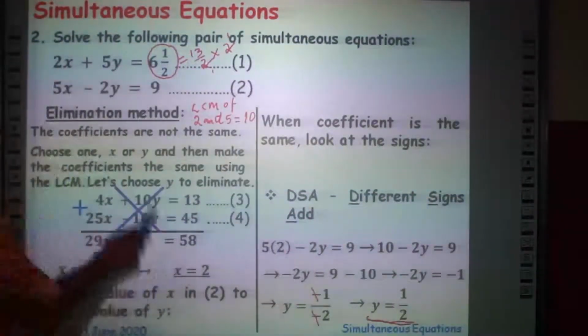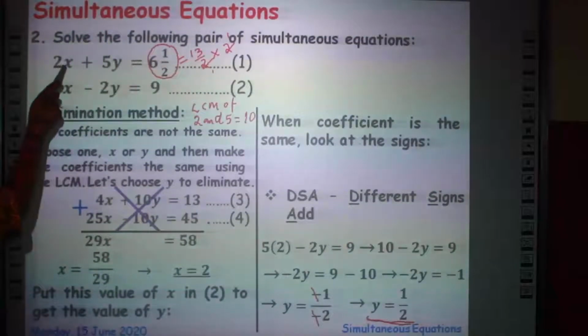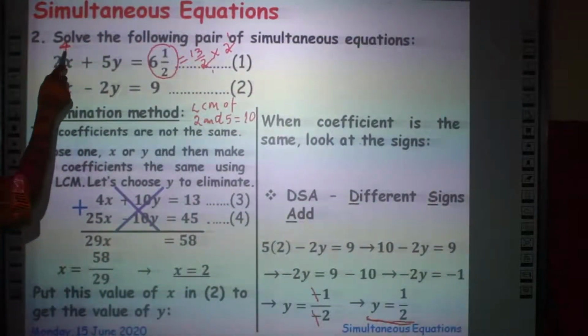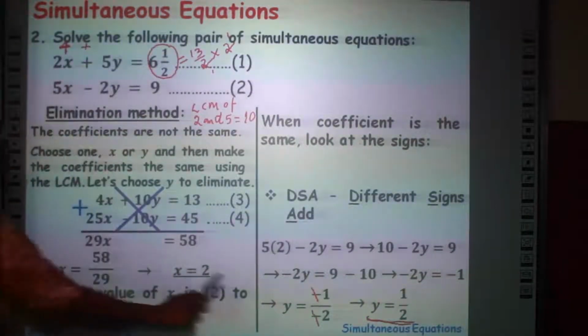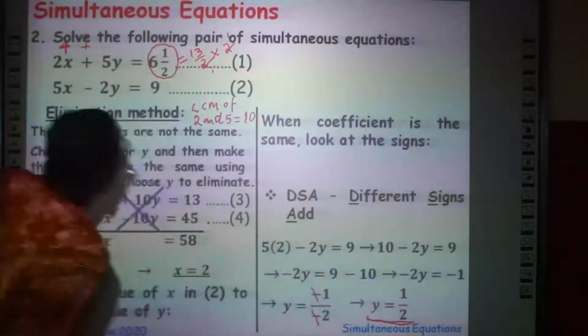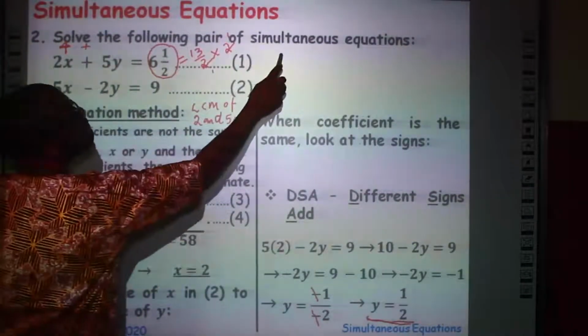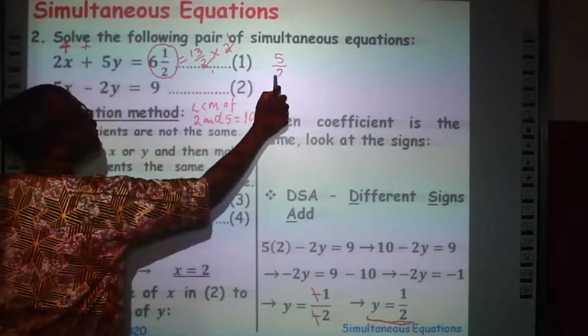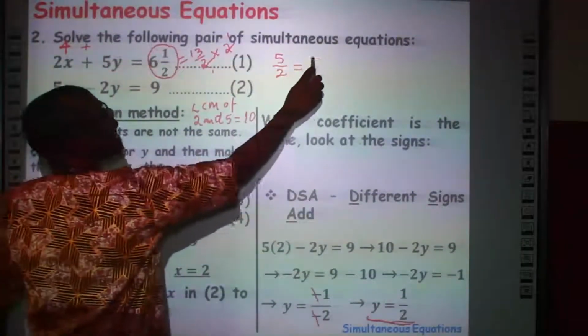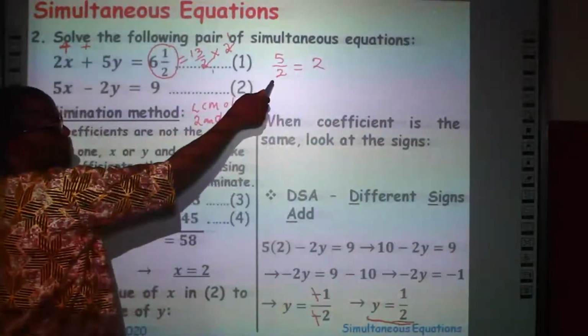So when x is 2, 2 times 2 gives you 4. Plus y is half. Now you have 5 over 2. Now remember, 5 over 2 is of course an improper fraction.